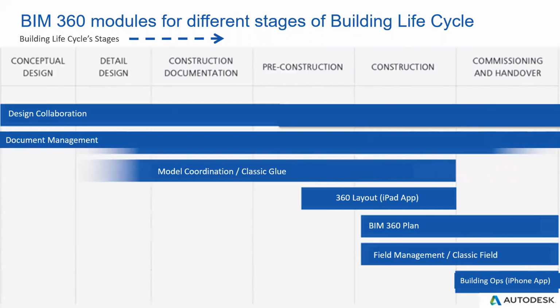And for the 360 Layout, I'm not sure whether you have knowledge of the laser scanner or total station. Once your drawings or models have to turn into real construction, you have to do some setting out on the site. So you use 360 Layout to help you, which brings the Revit model to our site.